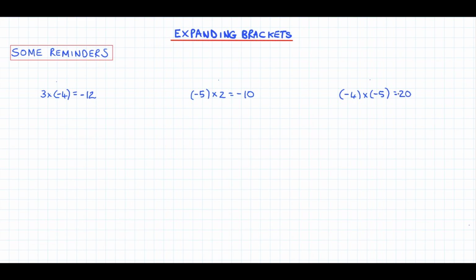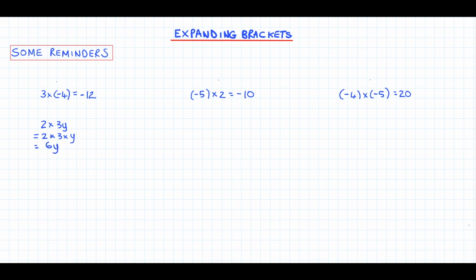Okay, now let's look at something else. If I asked you what is 2 times 3y? Now this is work we've been doing recently. 2 times 3y. 3y is just 3 times y. So that would be 2 times 3 times y is equal to 6y.